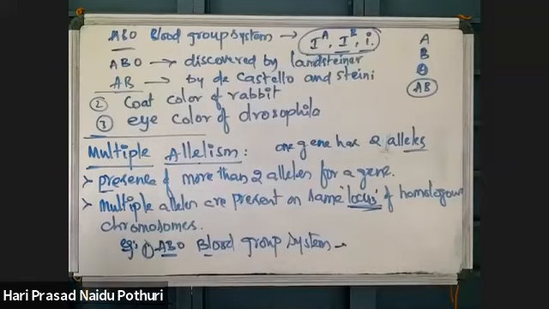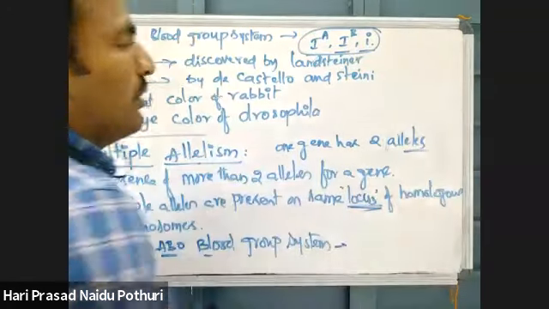How many genotypes are possible for multiple alleles?